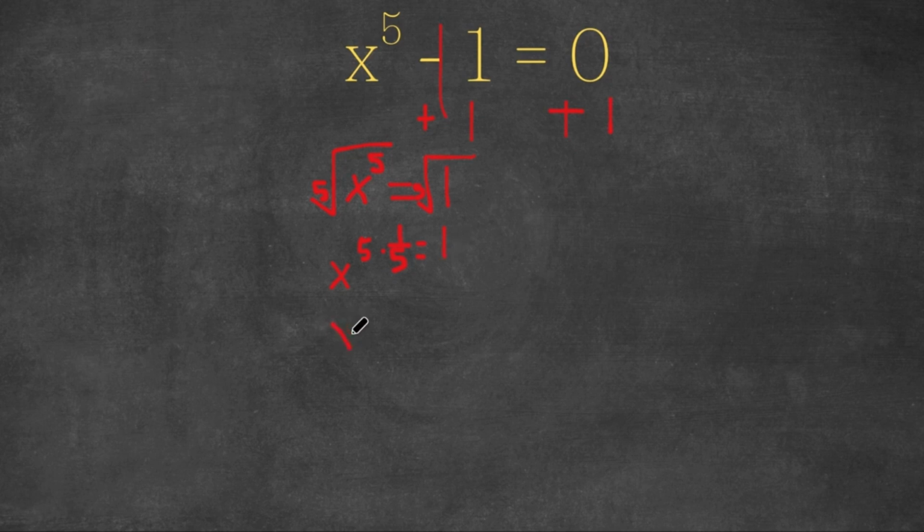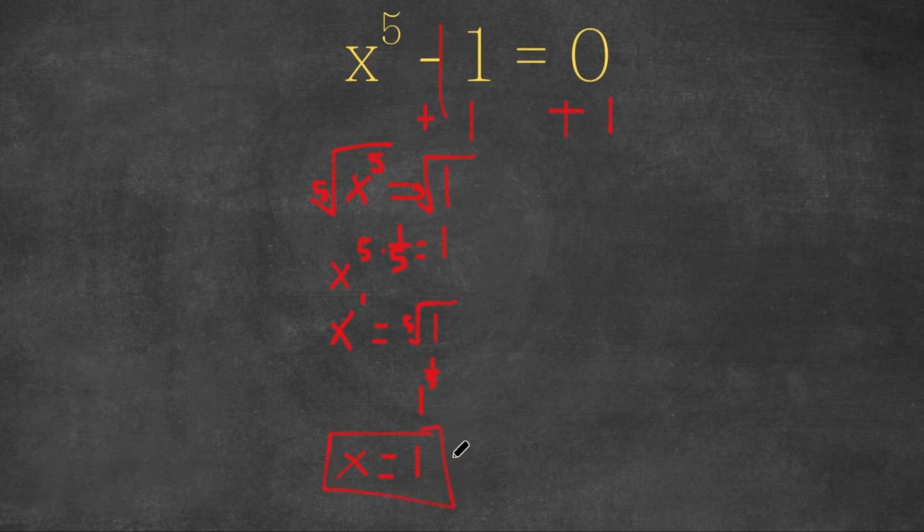So this is x to the power of 1, which obviously equals x, equals 1 to the root of 5. Well, 1 to the root of 5 is the same thing as 1 to the power of 1/5. And 1 to the power of anything is simply 1. So this is 1. And x to the power of 1 is x. So x equals 1, and this is our answer.